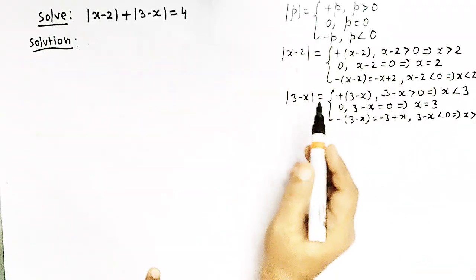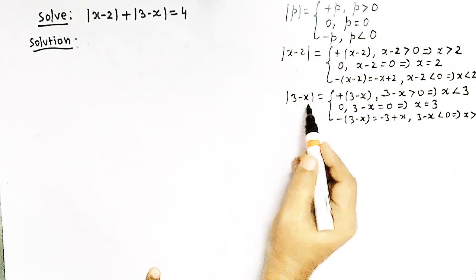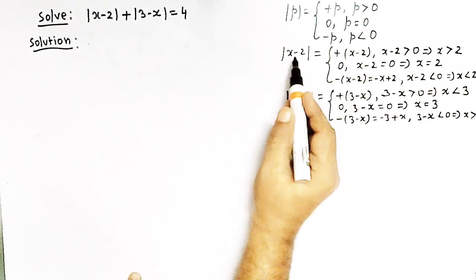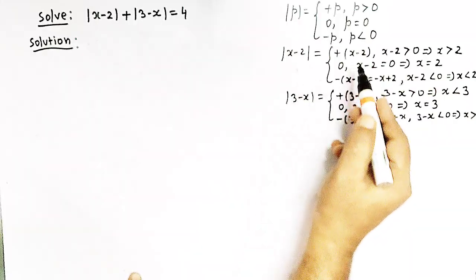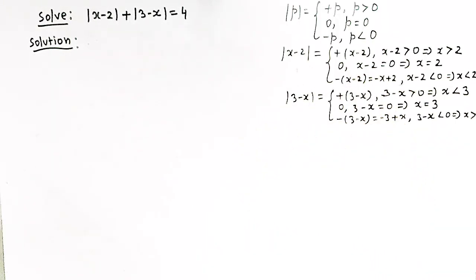This is how we can define mod of x minus 2 and mod of 3 minus x, because we are going to make use of these two results while solving this equation.